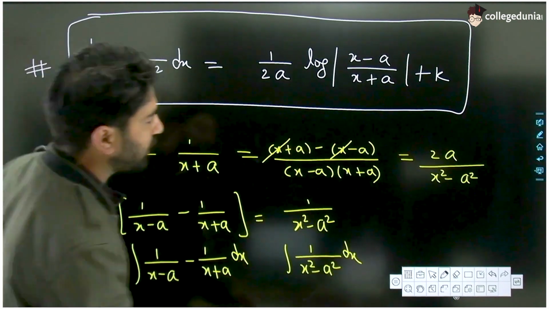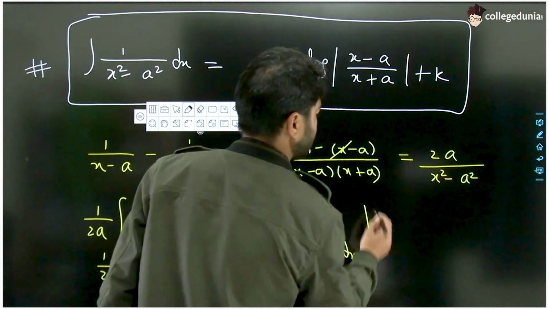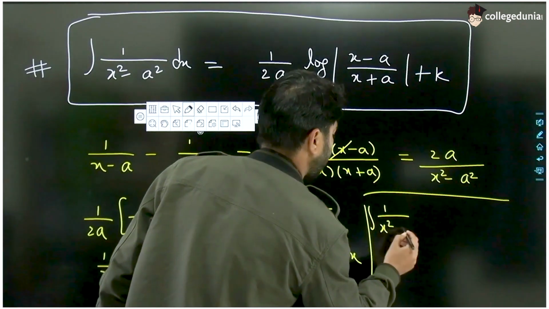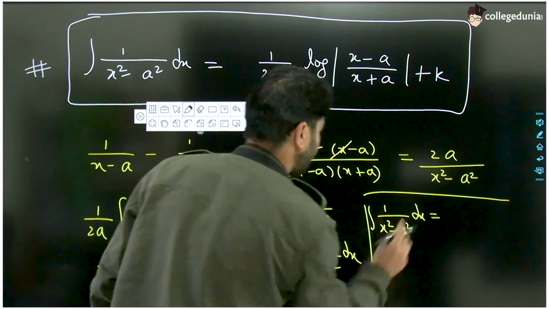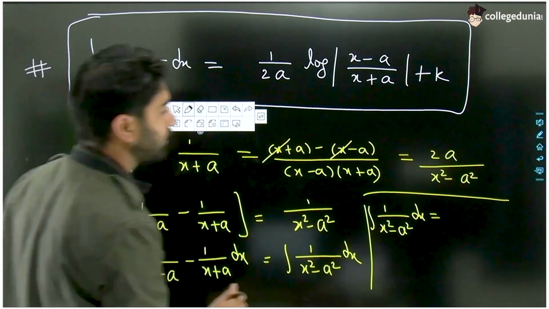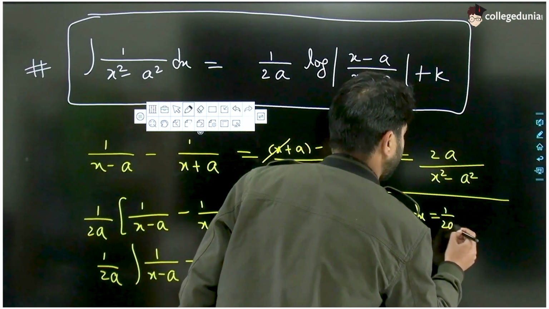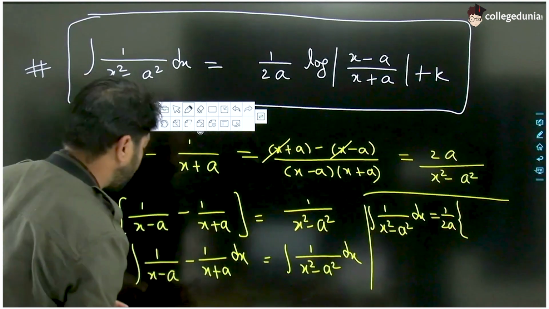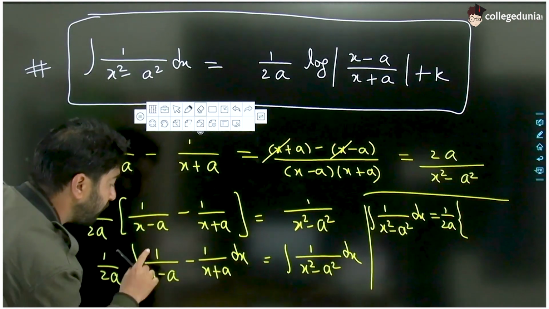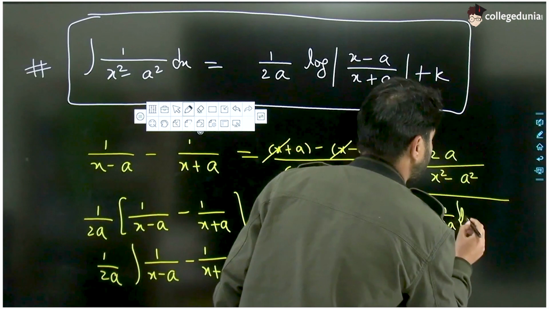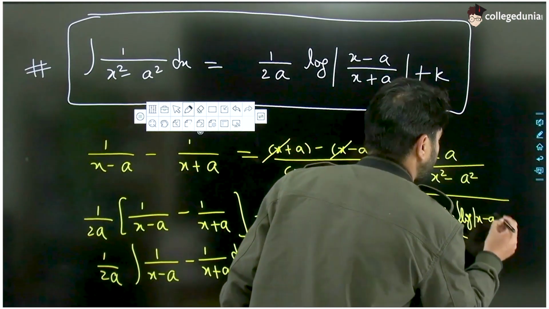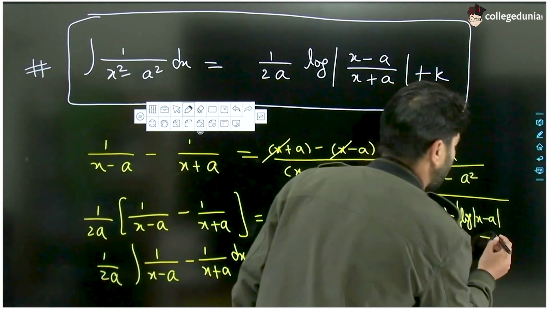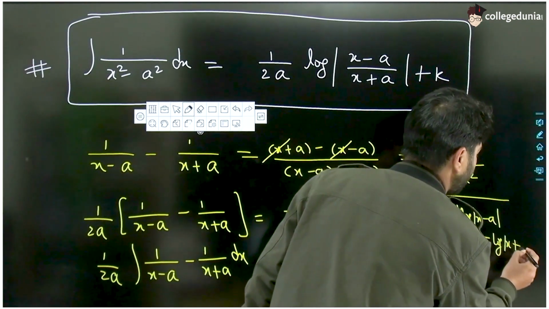So you can see the integration of 1 upon x square minus a square will be equal to 1 upon 2a, and inside the bracket we will have the integration of 1 upon x minus a. This is a linear expression, and the integration of 1 upon x minus a will be log of x minus a. Then minus, the integration of 1 upon x plus a will be log of x plus a.